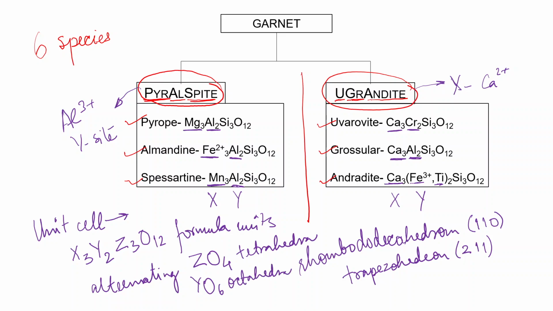And once we look at the overall 3D network, these octahedral and tetrahedral units share their corners to form this framework structure.